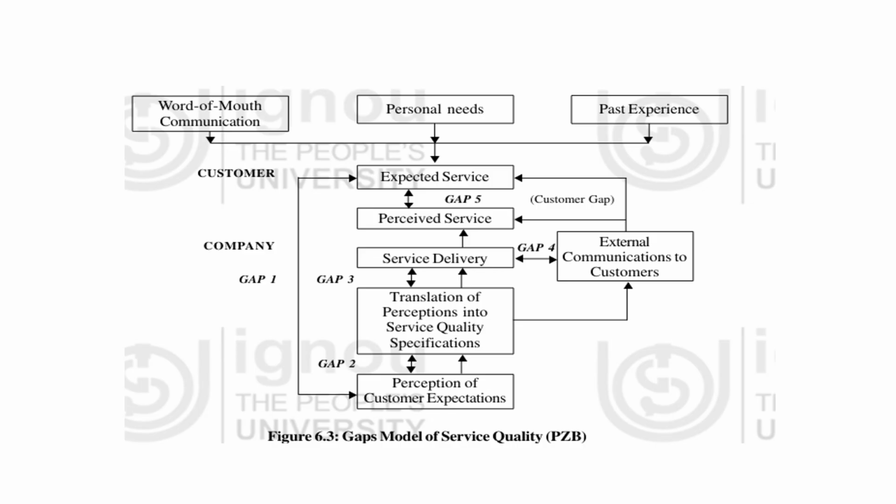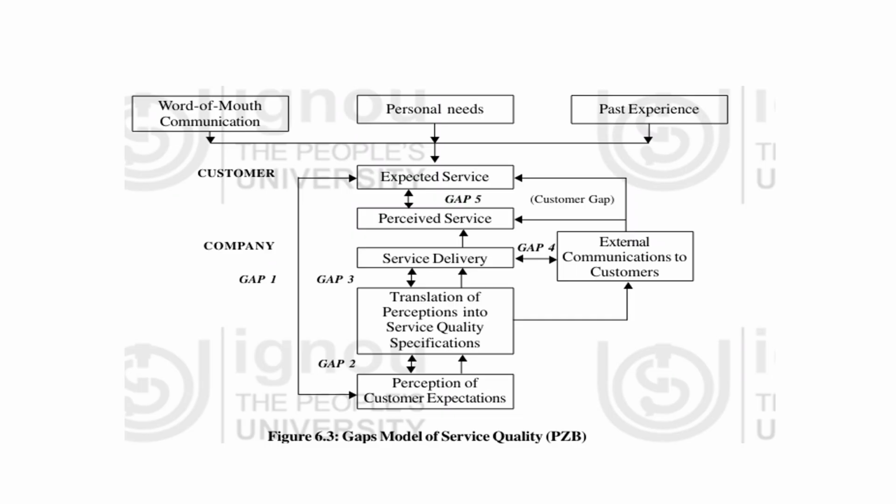And then between expected service and perceived service we have gap 5, which is the customer gap, which is the most critical gap. So gap 5 is simply expected service minus perceived service. This is the ultimate measure of service quality.